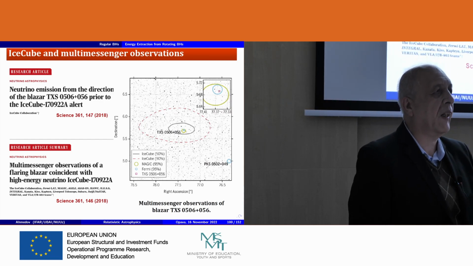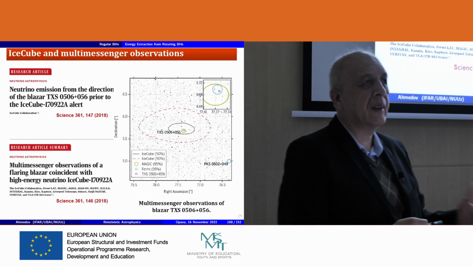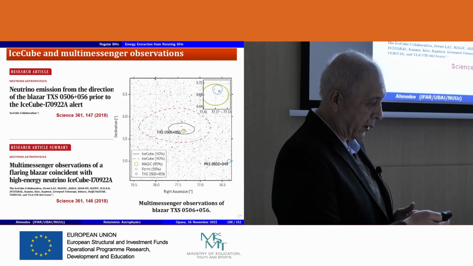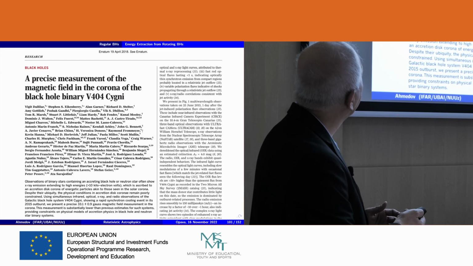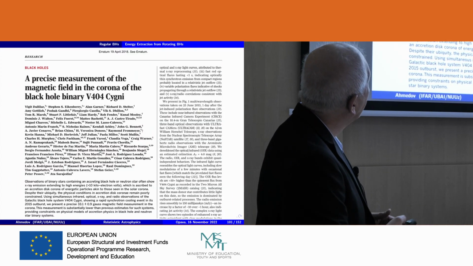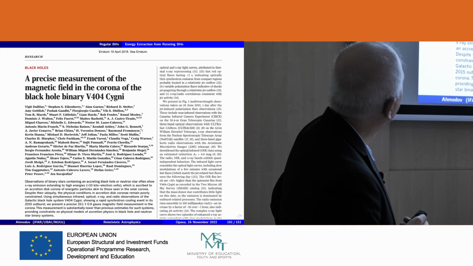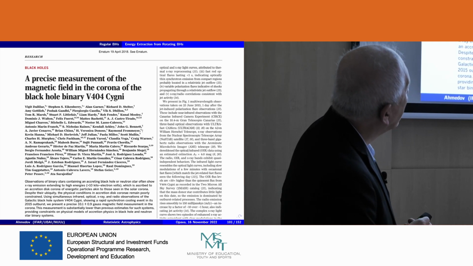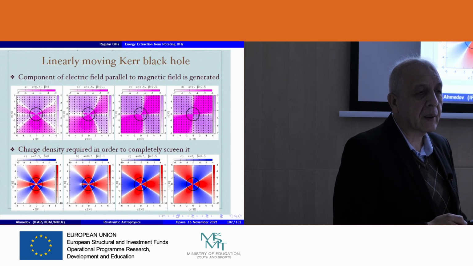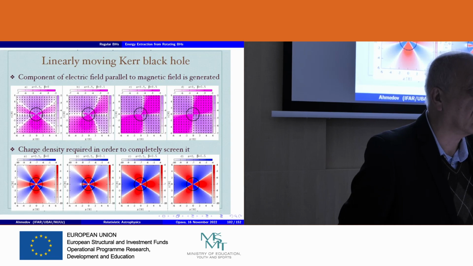So you have a very heavy, massive black hole, you have some reasonable magnetic field, and then this highly spinning black hole gives you the effect. There were some papers about measurements of the magnetic field, which show the presence of a magnetic field in the supermassive black hole environment.